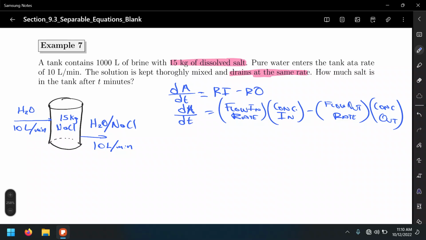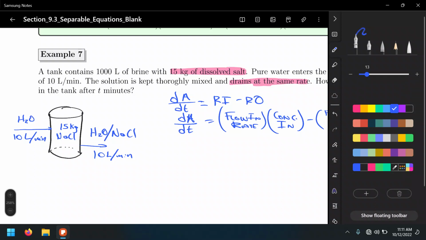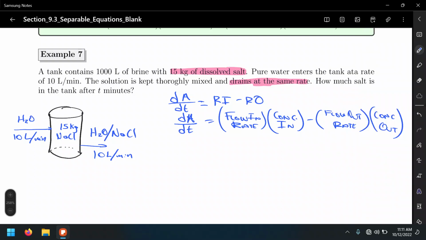So let's plug in some numbers. Everything is given actually. All right. So dA/dt will be the flow rate. So what's the rate at which water comes in? It's a 10, right? I'm just going to write the number 10. No need to write the units.